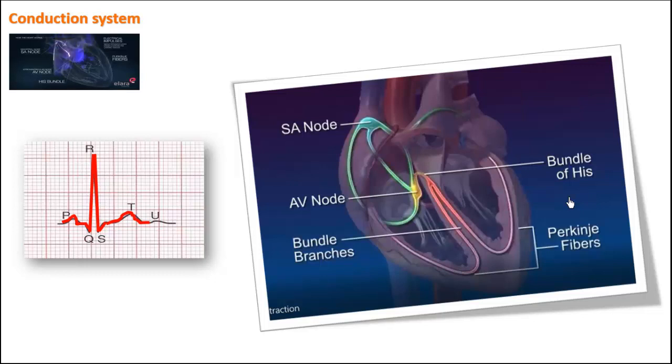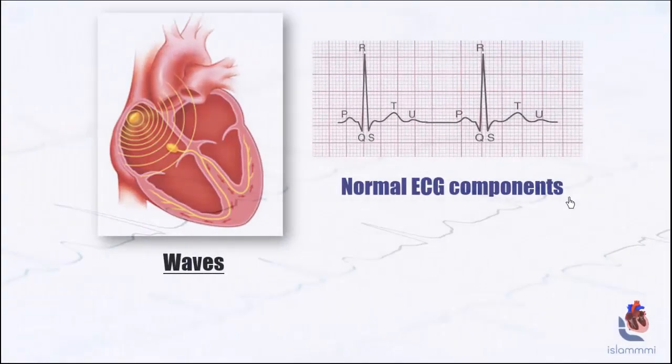Again, because you always have to memorize this in your mind, we have the P wave, the PR interval, and the QRS, but we will focus on the R wave, and the T and U waves we will not focus on today.